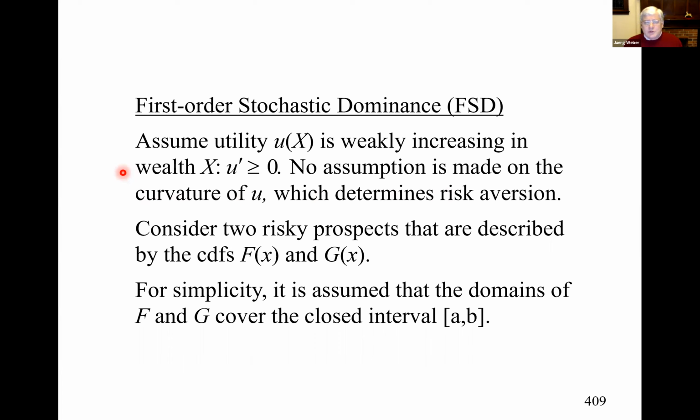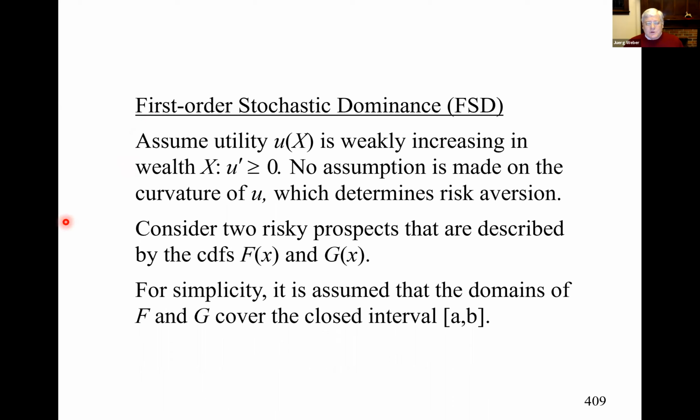The only thing we know is that people prefer more to less, so the first derivative of the utility function is positive or equal to 0. They weakly prefer more to less. That's quite a weak assumption, so it probably applies to most people. That's the assumption behind first order stochastic dominance.